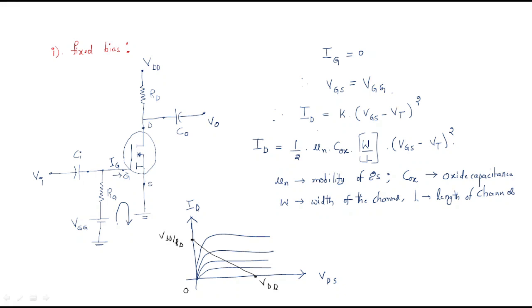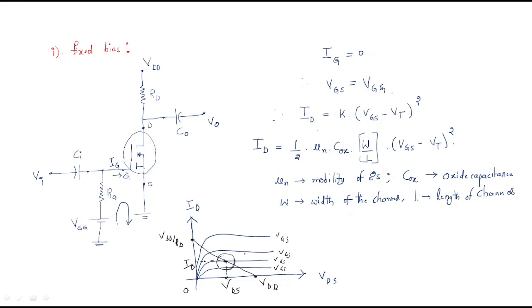So we get two things: one is the VDS point, and the next one is the ID current. If you take different VGS values, and I want to operate the input voltage VGS at this point, then in order to work as an amplifier you should operate at this point, because it will satisfy this curve. Otherwise, it is not possible.